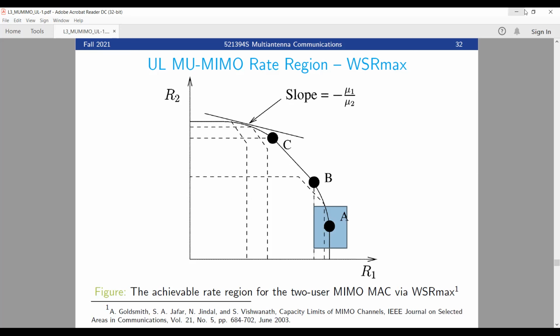What is the single user optimal covariance matrix? User one, single antenna, SPD. Okay. What should be KX1? As if user 2 is not there. Point to point MIMO.